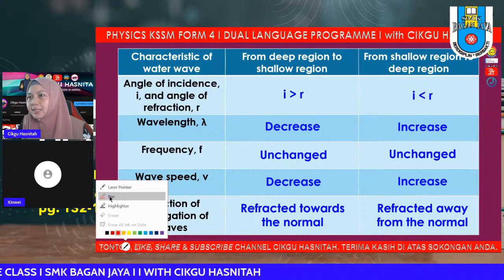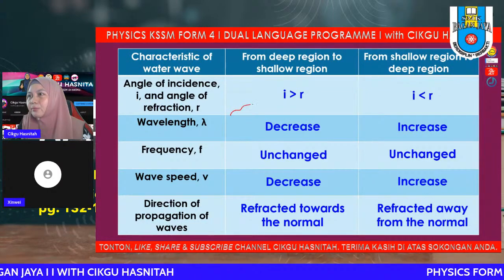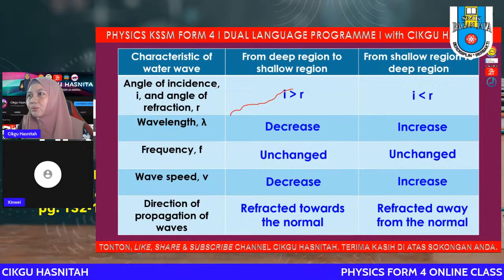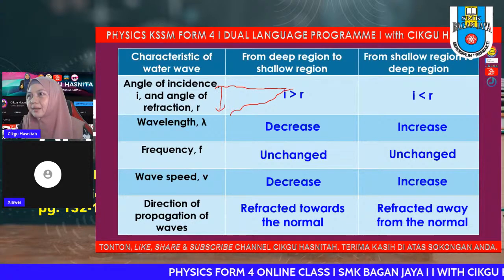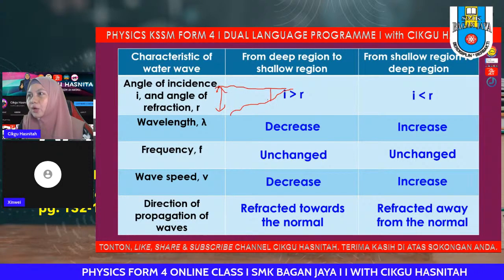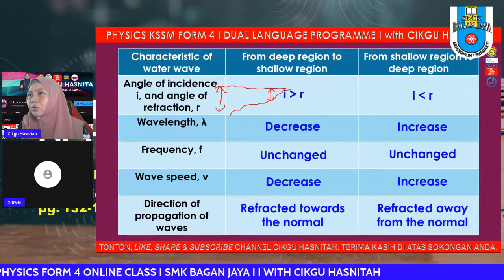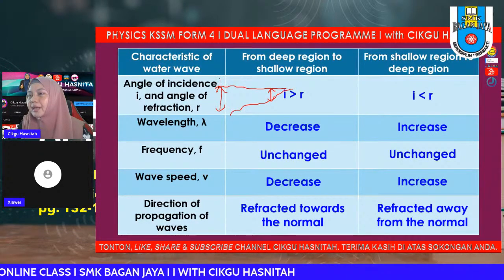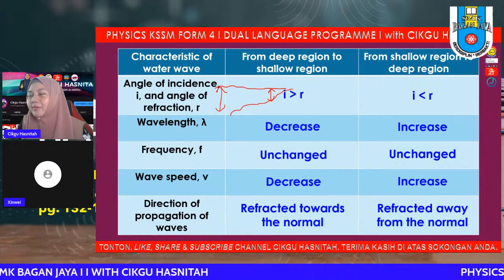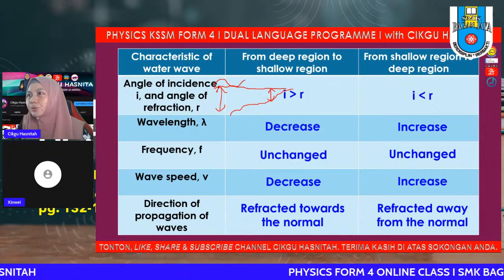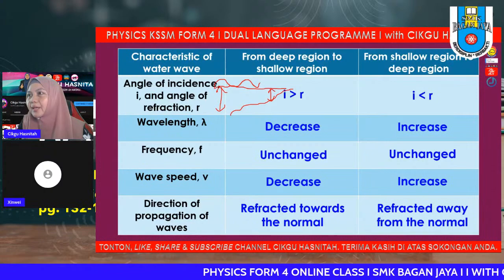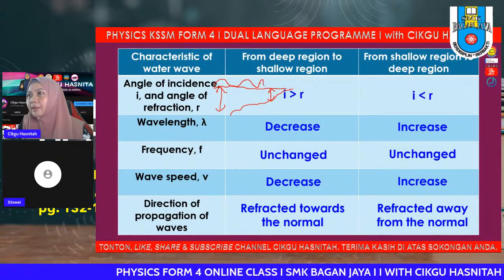Okay, so let's say this is our shore. And this is the water level. So this is a deep region. This is the shallow region. So the water traveling here is traveling at high speed. If you draw the wavelength here, it looks like this. Then entering the shore, the wavelength becomes shorter.